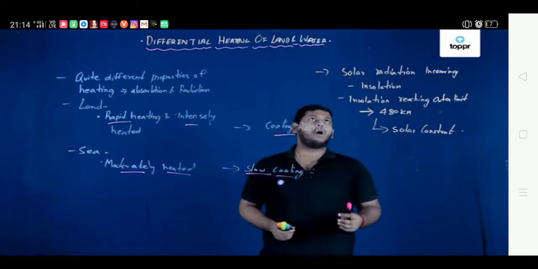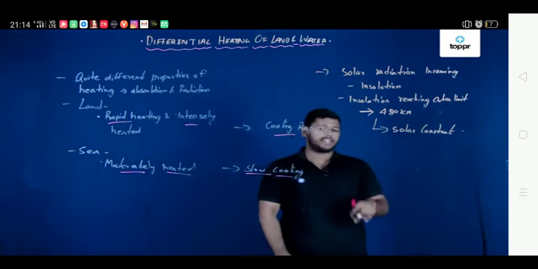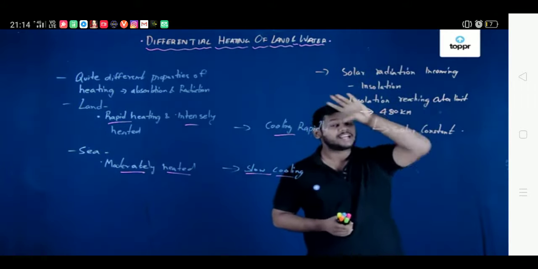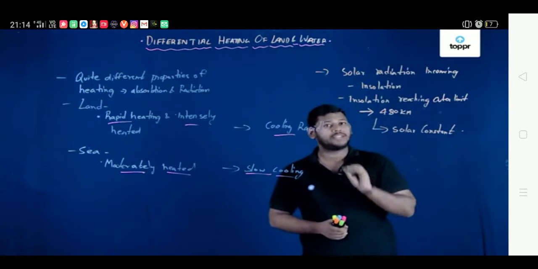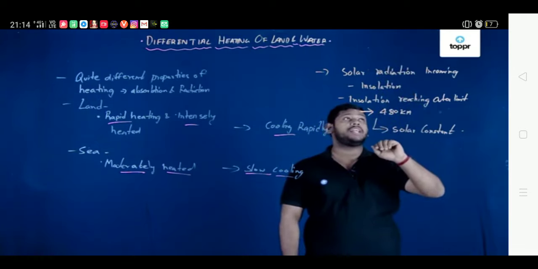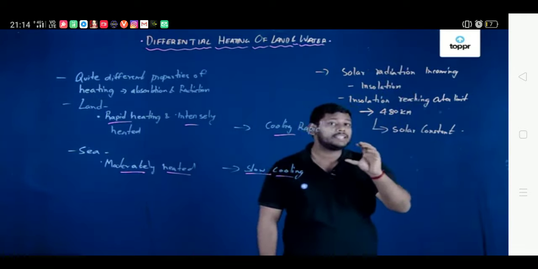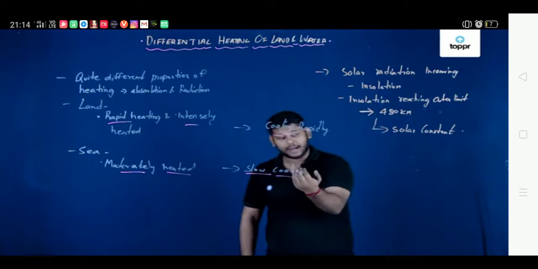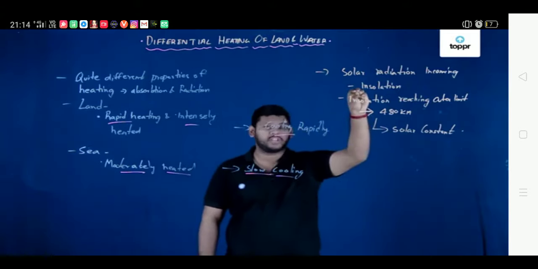Now let us talk about the incoming solar radiation. Solar radiation means the energy that is being emitted out from the sun. The solar radiation that is coming into our planet is called insolation.